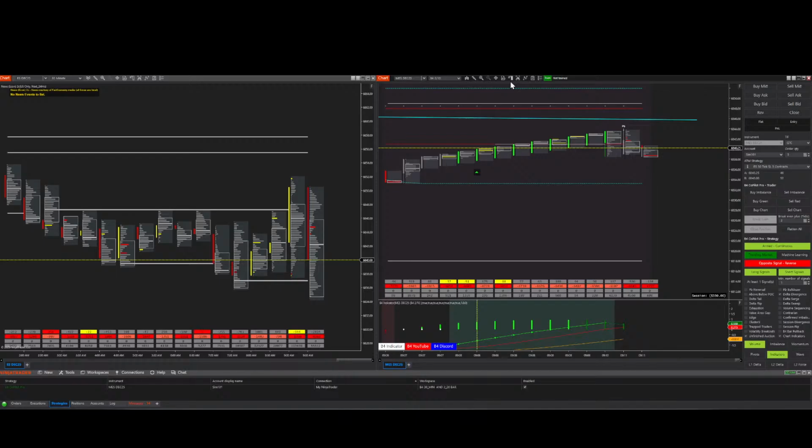Here's the low of day here. Order filled. Let's see how it acts.